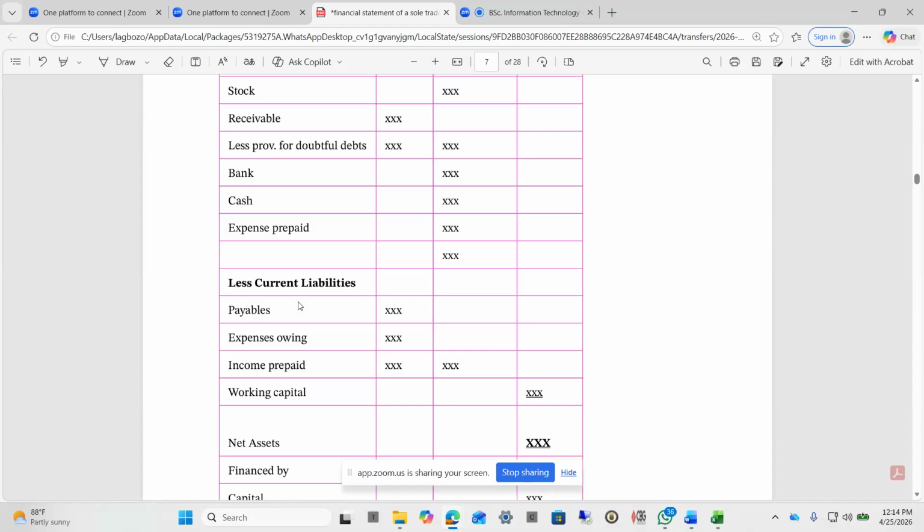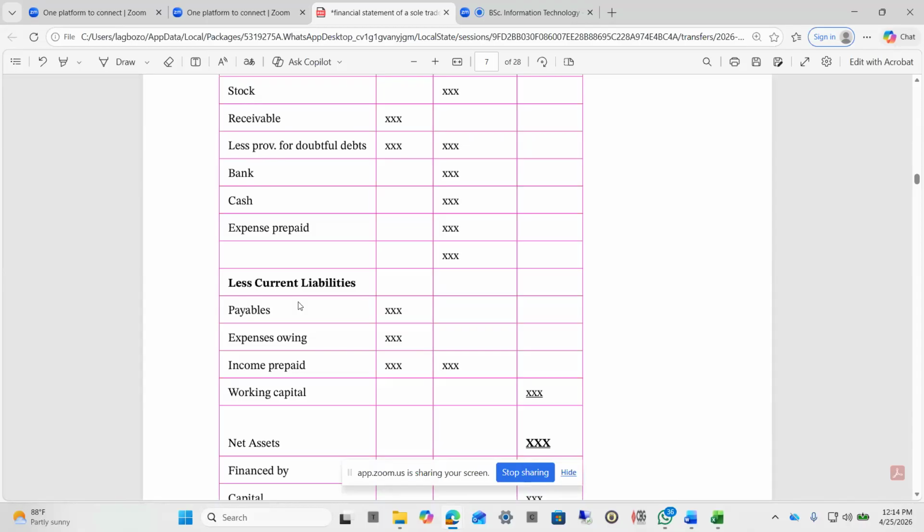And I said the non-current liability could be a short term, a medium term, or a long term liability. And those ones too, I said, all the people you are owing and you'll be paying within 1 year, they are what we call your account payables. And then expenses that you are owing, like your rent, electricity that you have not yet paid, they are your expenses that you are owing or outstanding. They are also your liabilities.